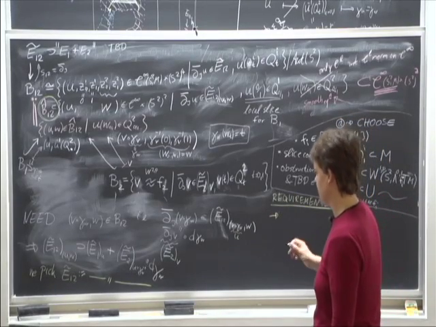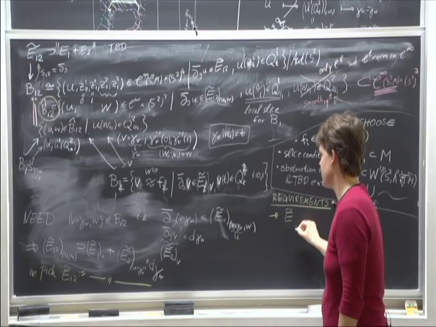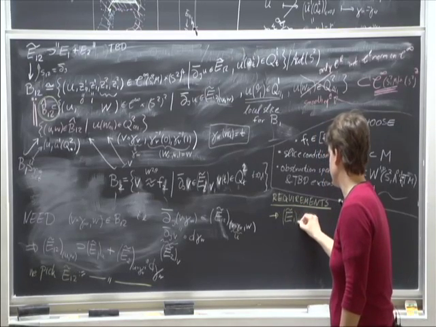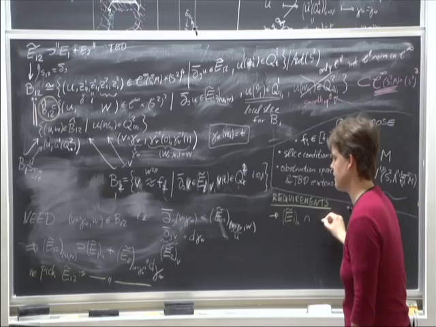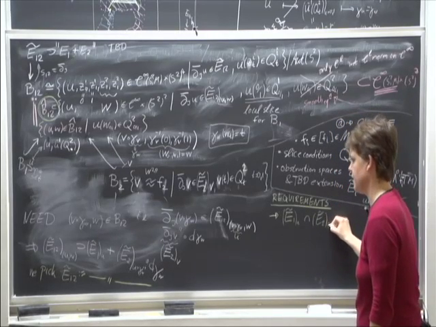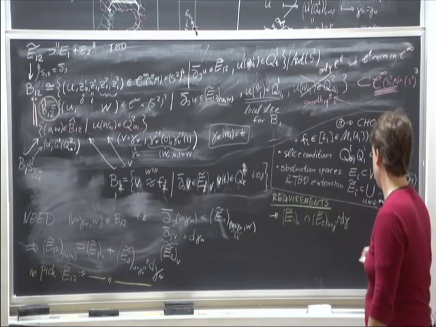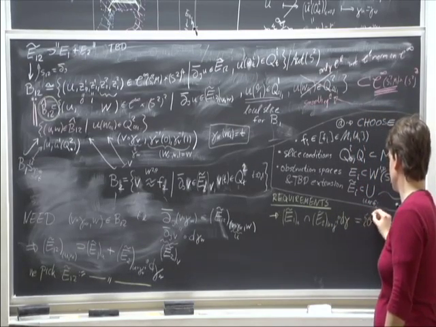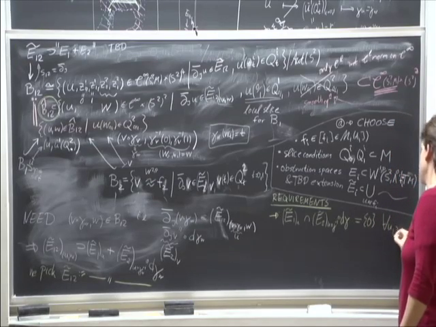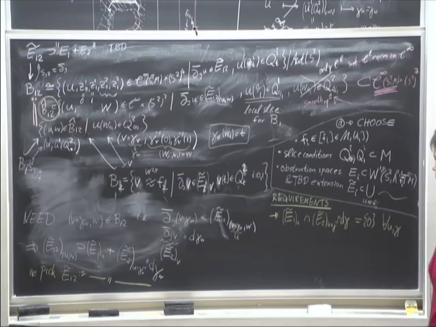So our first requirement is that E twiddle 1 over every point intersects these reparameterized guys only in 0, for all u and gamma that are relevant, that are in the overlaps of these charts.